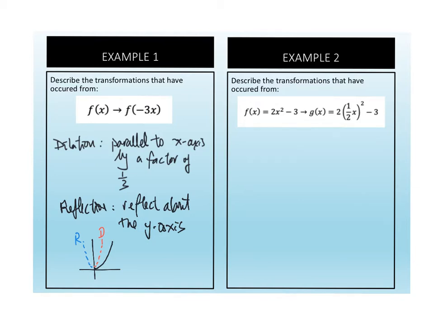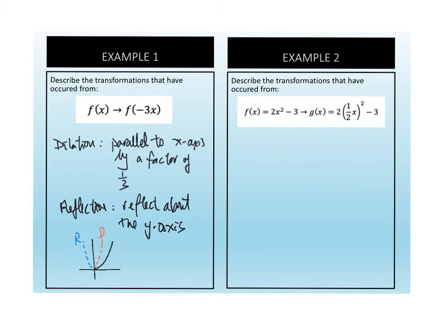So the next one, think about it. If f(x) is 2x squared minus 3, and you are dilating into g(x) equals 2 (half x) squared minus 3. How would you describe that? Can you describe that for me, please?